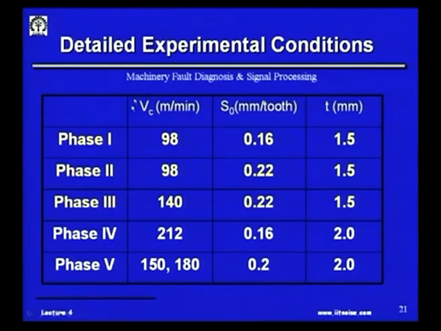and in these three phases you will see the detailed experimental conditions for such an estimation: cutting speed, depth of cut, and so on. There are these three phases which were done in the laboratory, and then the severe phases were done in the industry.